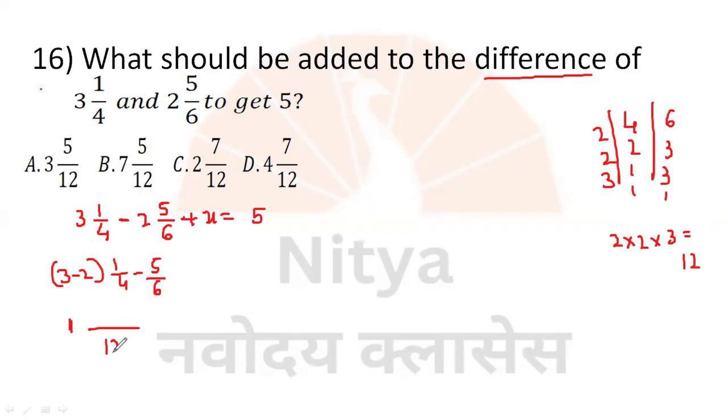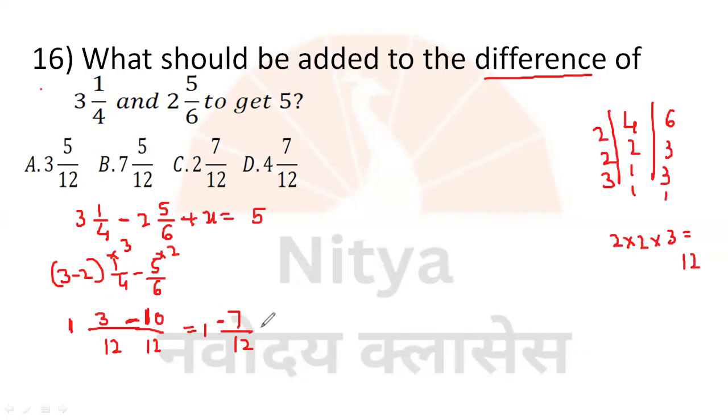So we have to take 12 here and a minus sign, and 4 3s are 12 and 6 2s are 12, 3 1s are 3 and 5 2s are 10. Okay, so what comes? 1 and, see here, 3 minus 10, that is not possible, no, because this is a smaller number. So how do we subtract? From the larger number we subtract the smaller number. So 10 minus 3 is 7, but the larger number's sign is minus. So 1 minus 7 by 12 is the answer we get.